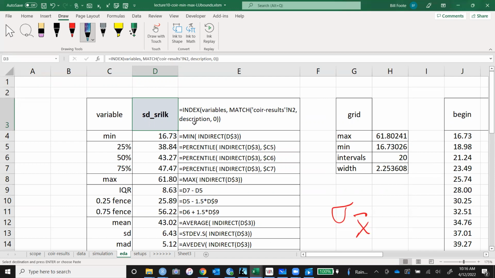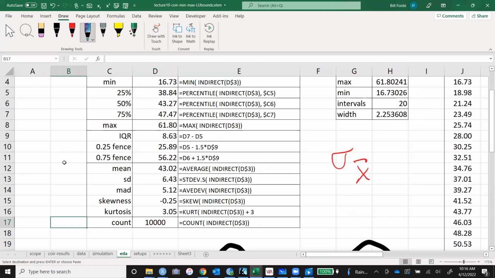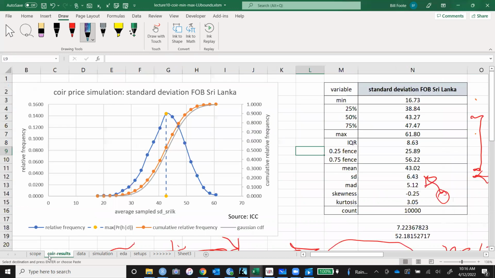Well, we'll do that next time around. But notice the EDA that we come up with. All of this is copied over here. As you can see, it's equal to EDA. So this is the presentation layer. This is the layer that we prepare for presentation and then present.